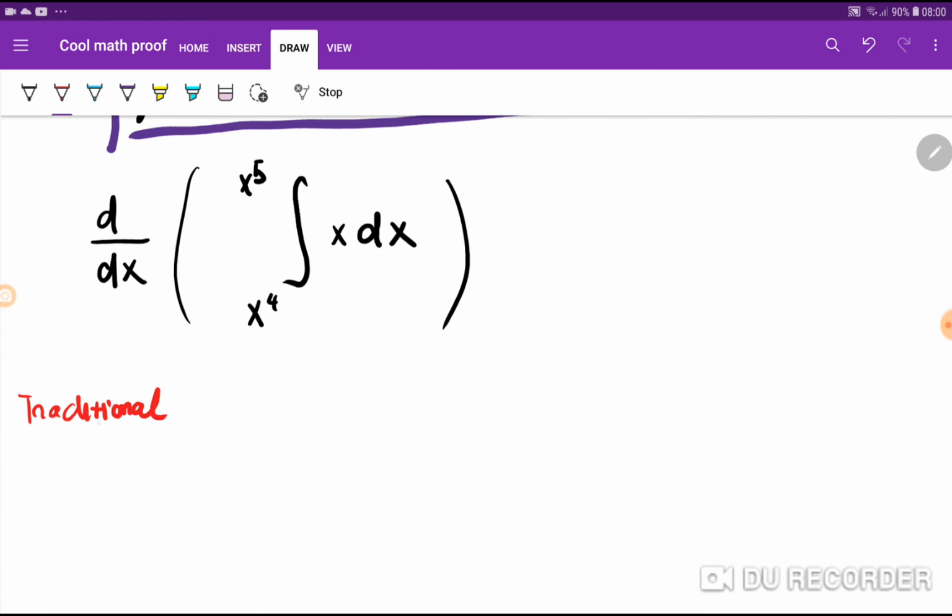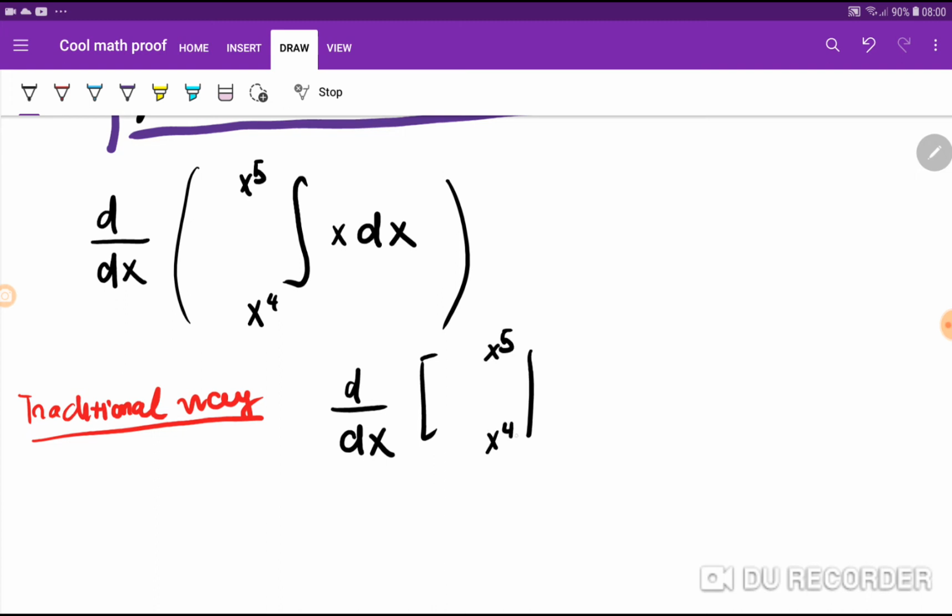The traditional way is you evaluate the integral first. So equal d over dx of, integral of x dx is x squared over 2. Right?